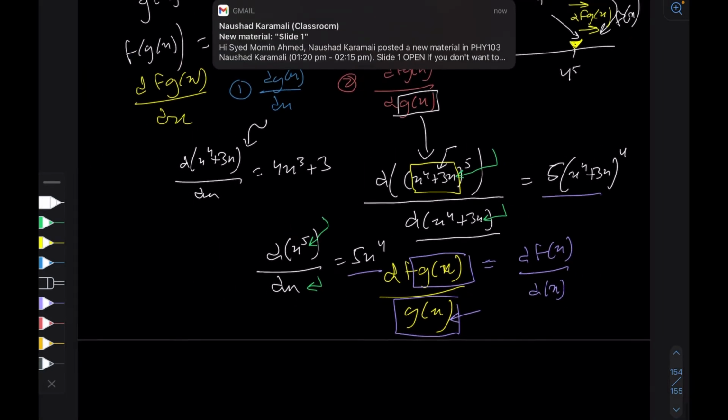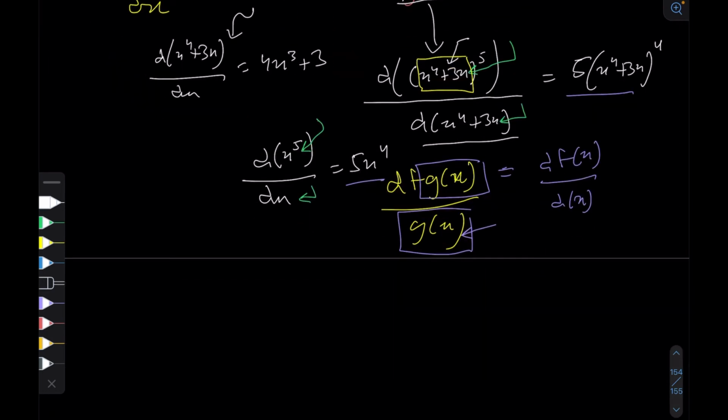What we have here is that we know how much f(g(x)) changed with some change in g(x), and we also know how much g(x) changed with some change in x.